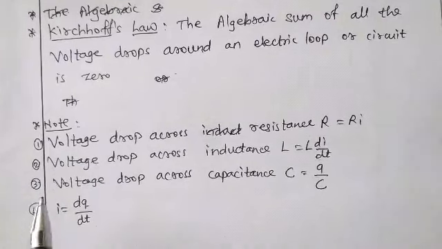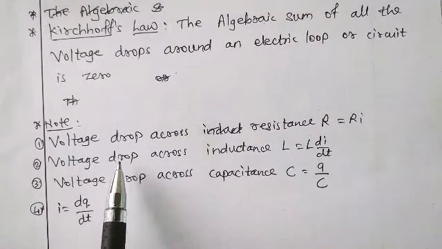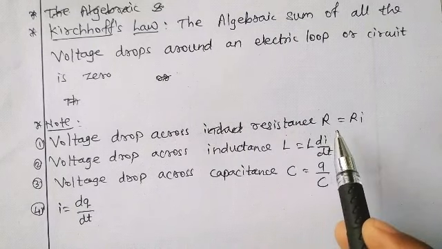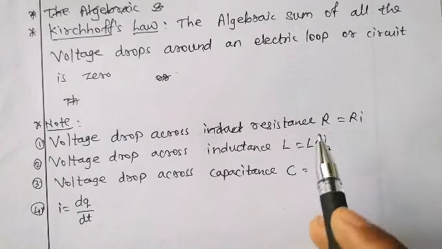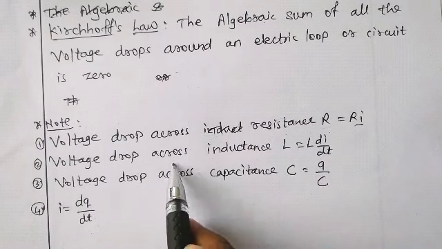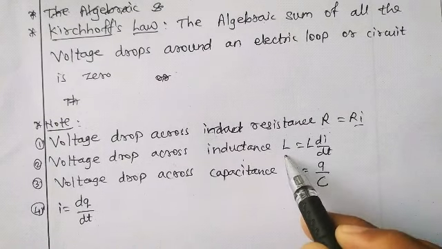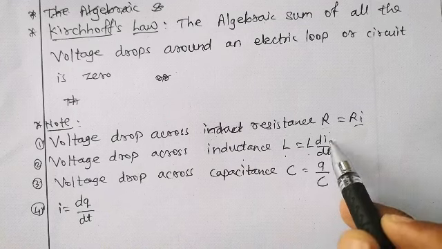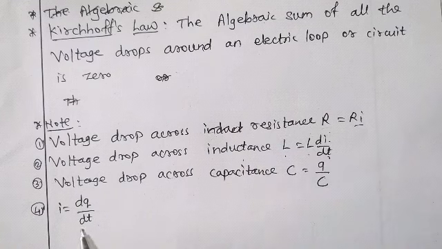So look at the note. Voltage drop across resistance R is equal to Ri. Voltage drop across inductance L is equal to L into di by dt.